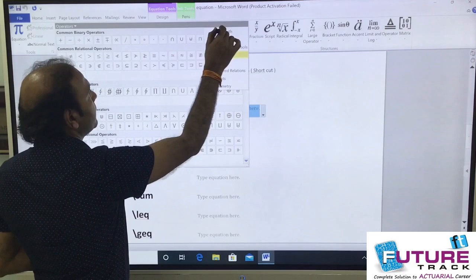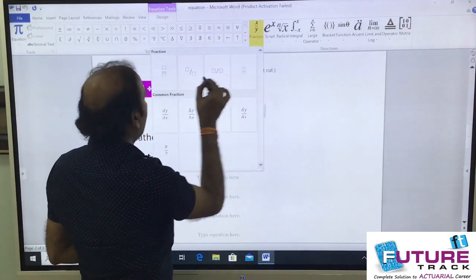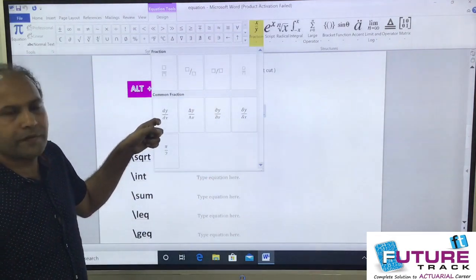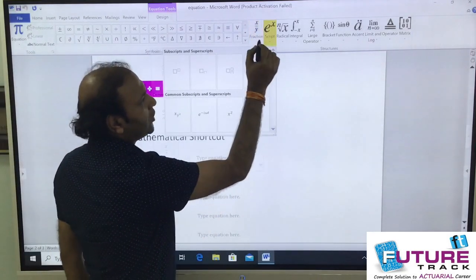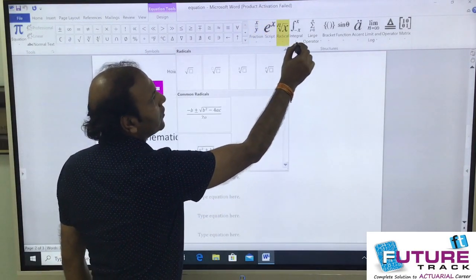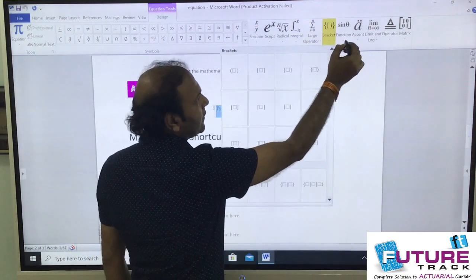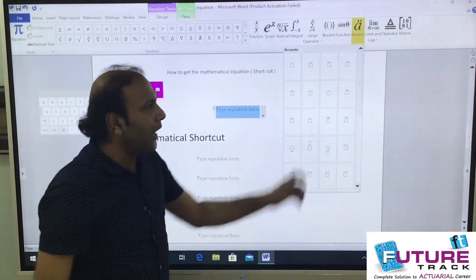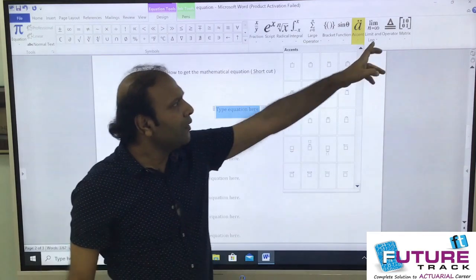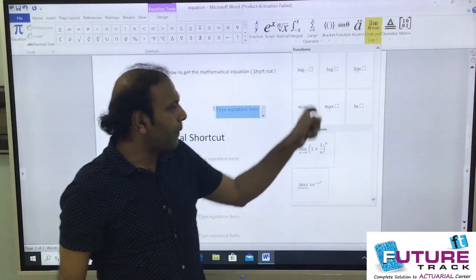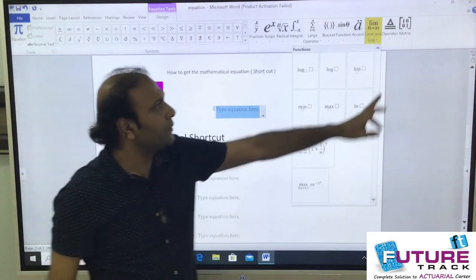Plus you have all the fraction keys, derivatives, exponentials, roots, integrals, summations, brackets. Students who are writing CM1, you have actuarial notation and all. Limits, the log part, the limits part is there.